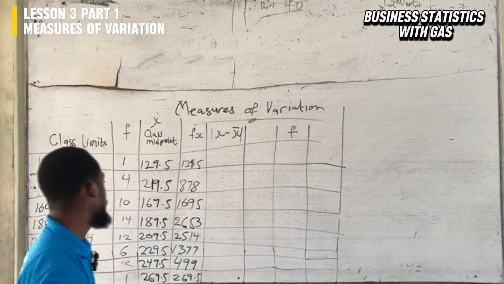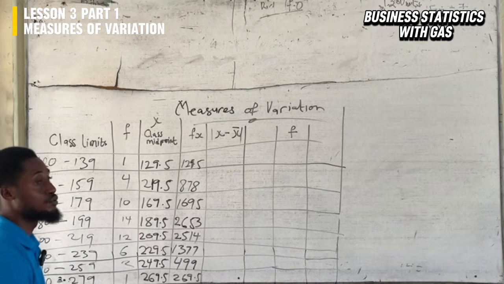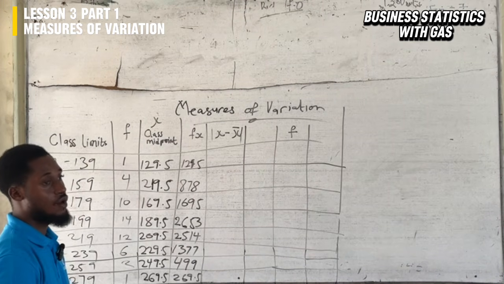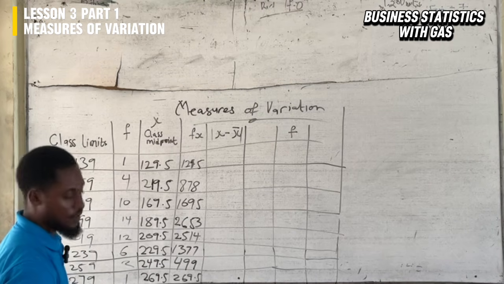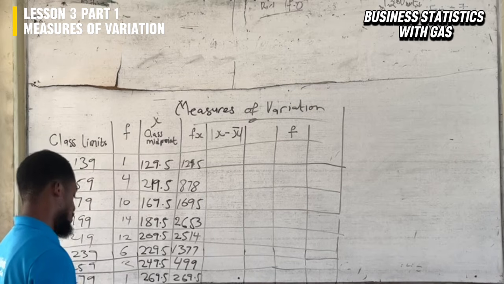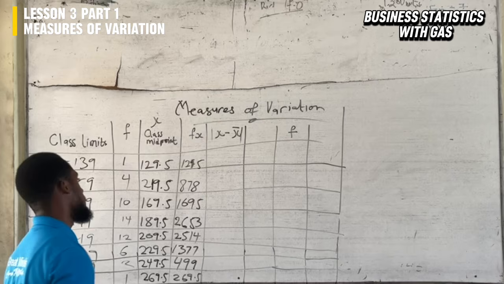6.25 is now our arithmetic mean. So we would have to subtract the 6.25 from our class midpoint, which is the x.